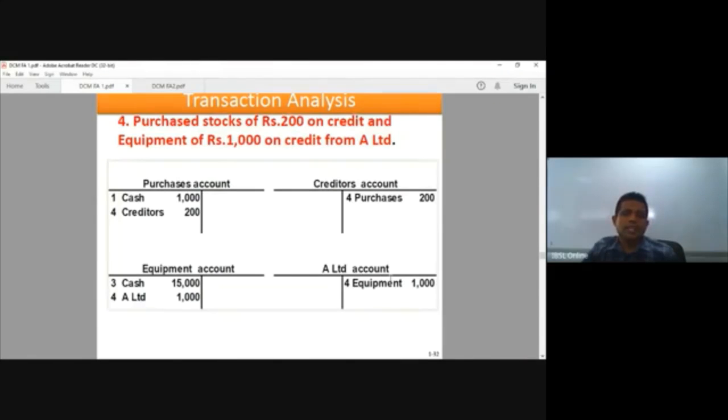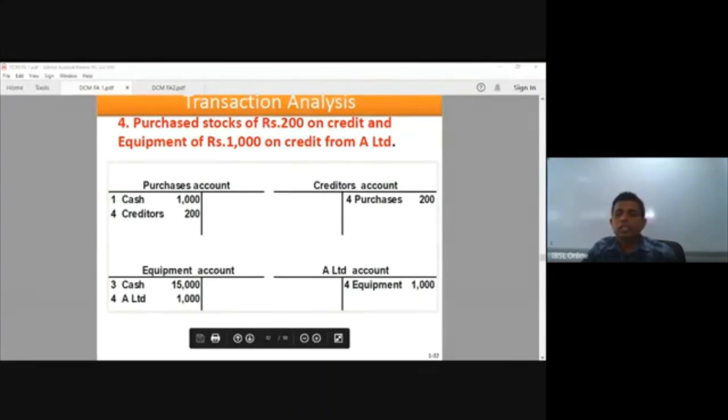Instead of crediting a limited account, why didn't we credit the creditors account? When a creditor's name is given, you can. This is also a creditors account. The difference is that we have a name given. If you take creditors, it's general, right? If the name is given, we have to have a separate account. This limited account is also a creditors account, right?